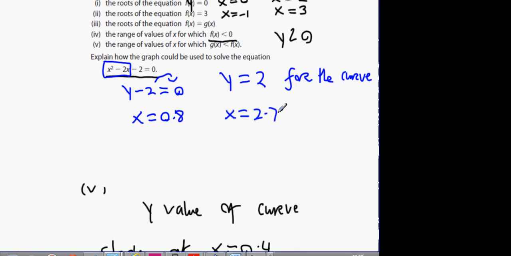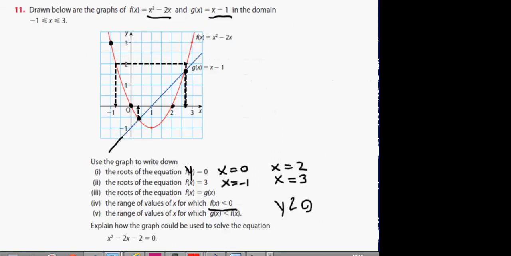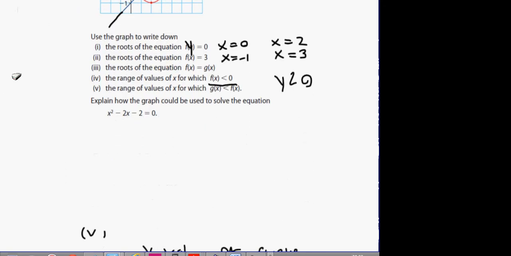Do you want me to give you another one that's similar? Okay, I'll give you another one that's similar. Try this one.